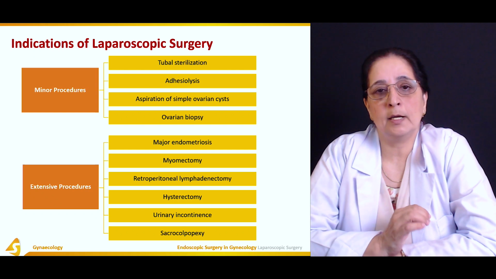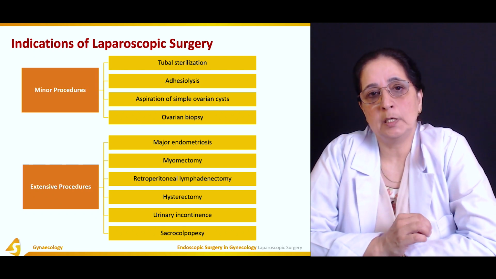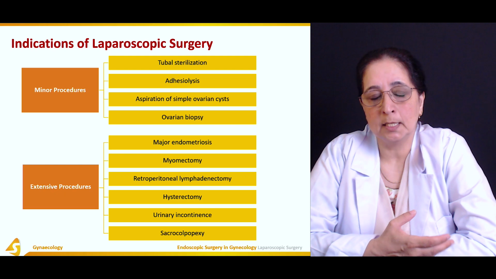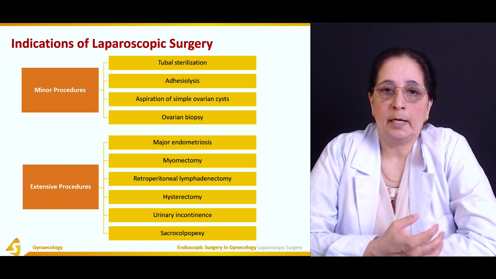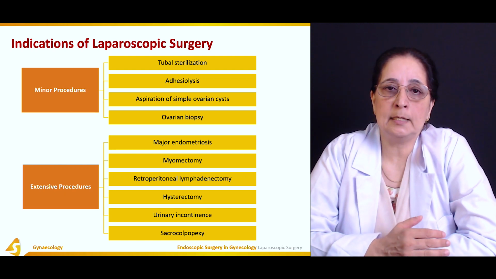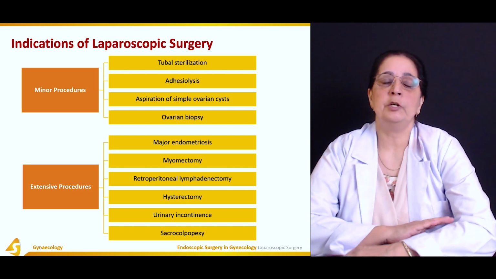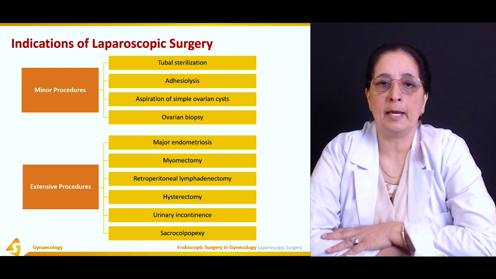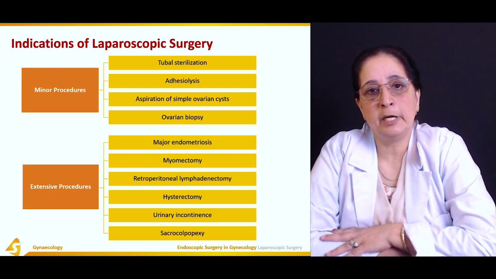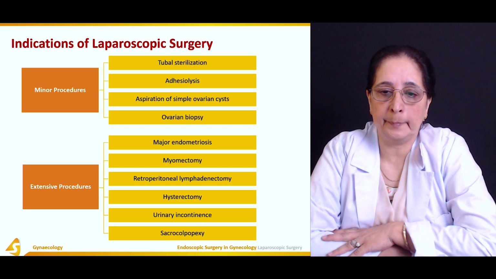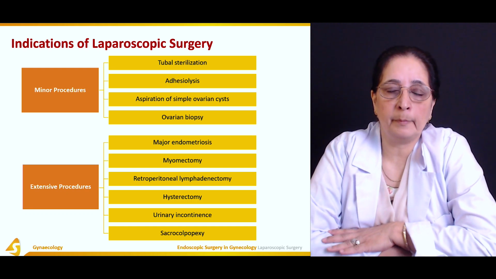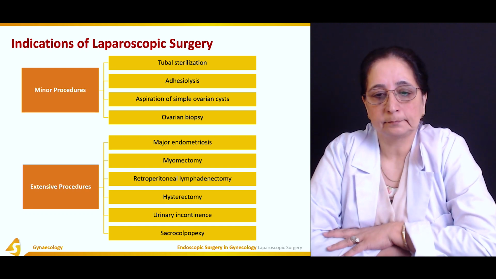Endometrial tissue can be present in different areas, including ovaries, fallopian tubes, and cervix. In endometriosis, all this endometrial tissue is removed by laparoscope. It's a major procedure, not very simple, but it can be performed by laparoscopic surgery.